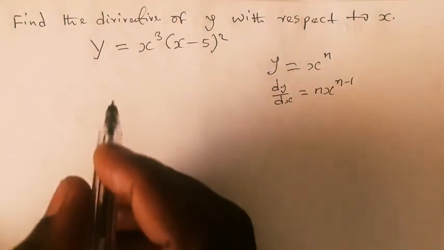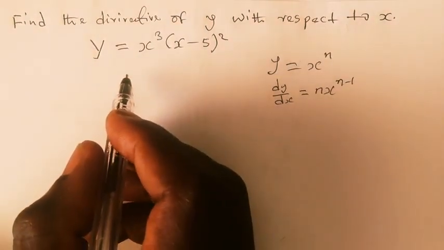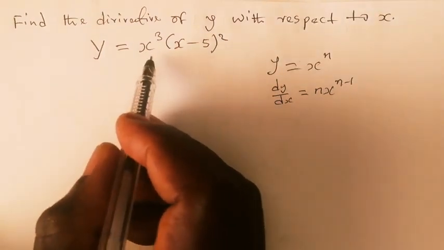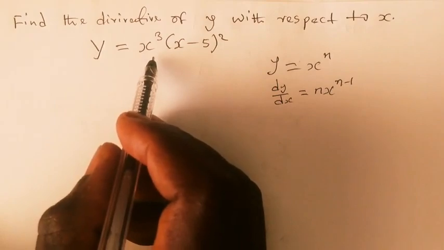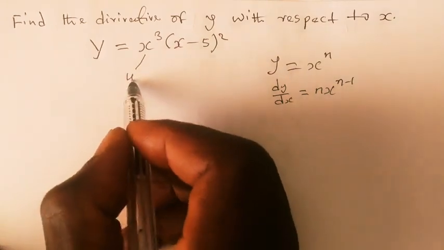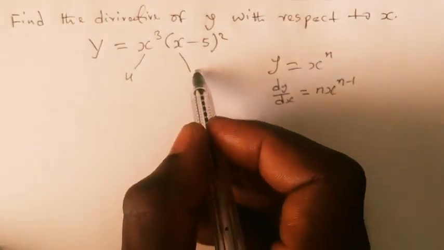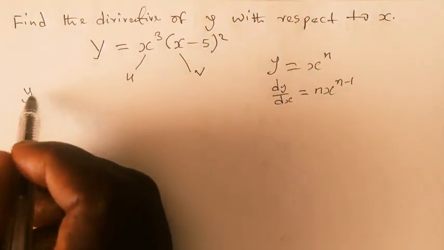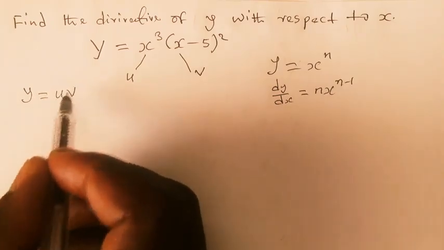But in this case, we have a rule. This is in the form of a product. We have a bracket and also a term outside. So for us to solve this, we let this one be u, we let this one be v. So by implication, y will be equal to uv.